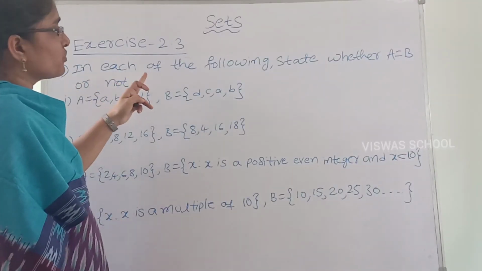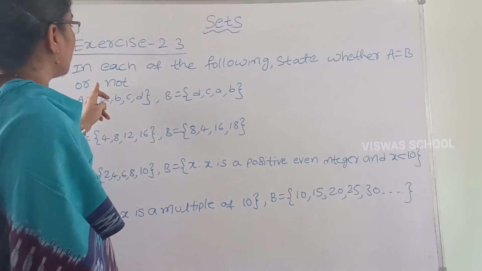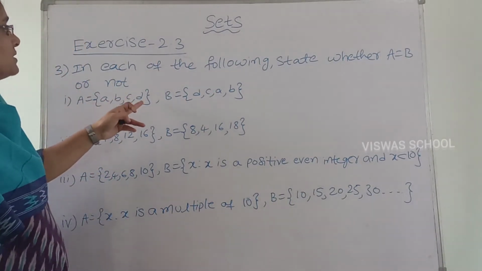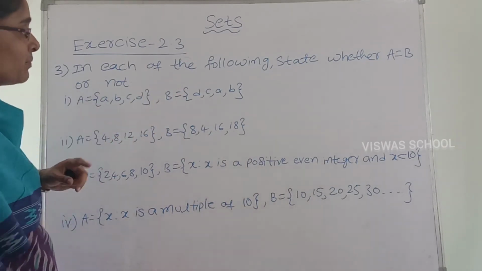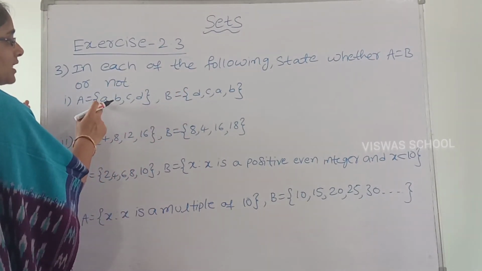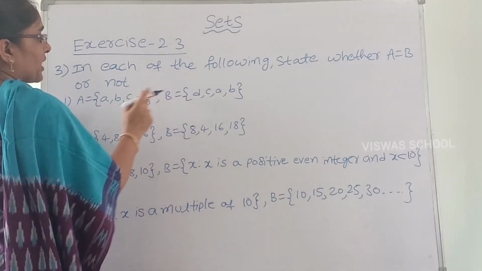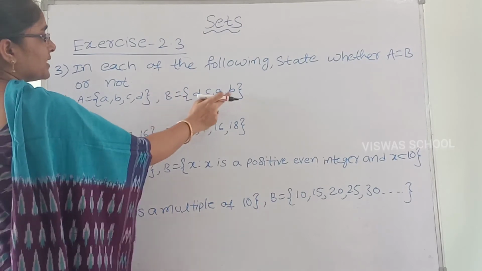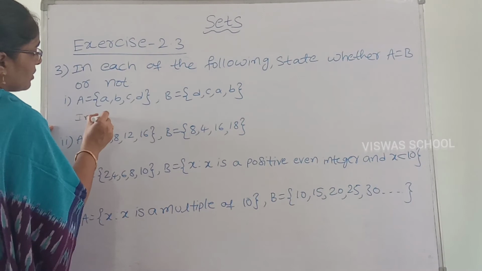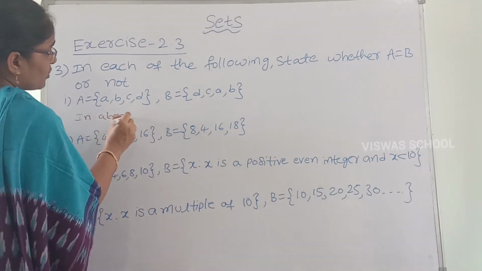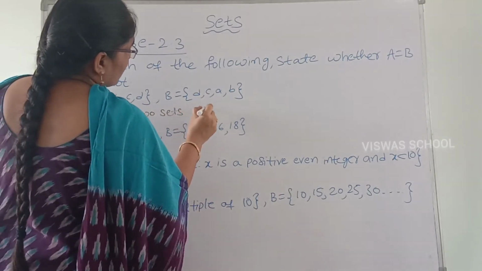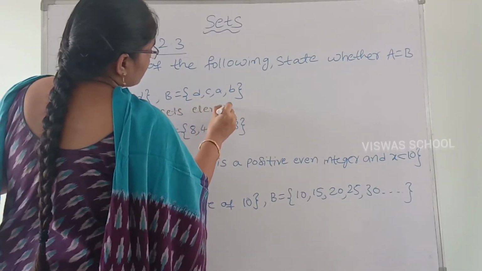Next one, in each of the following, state whether A equals B or not. In this first one, A equals {A, B, C, D} and B equals {D, C, A, B}. Once you observe, in these two sets the elements are the same.